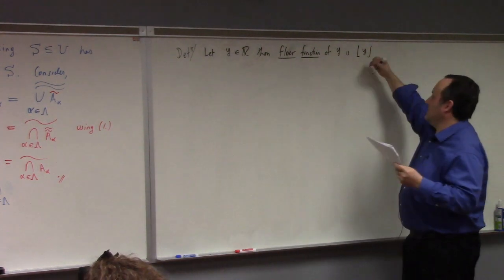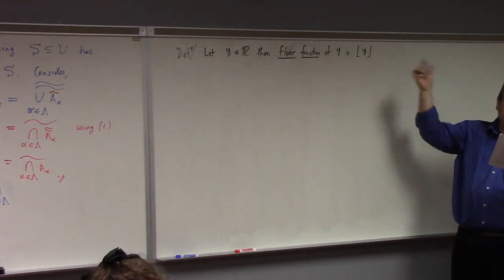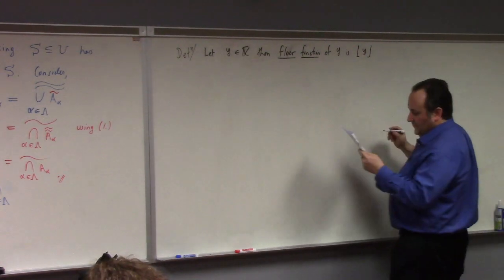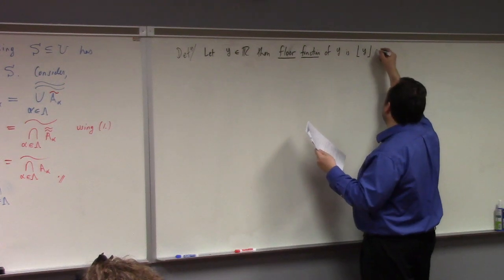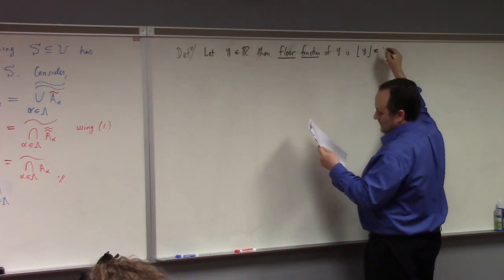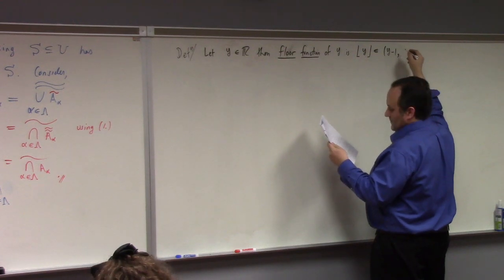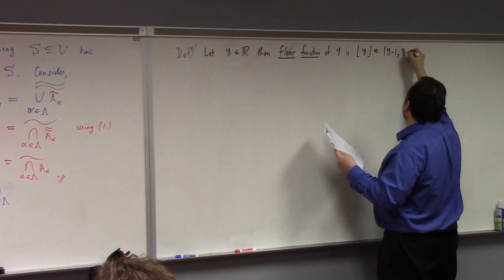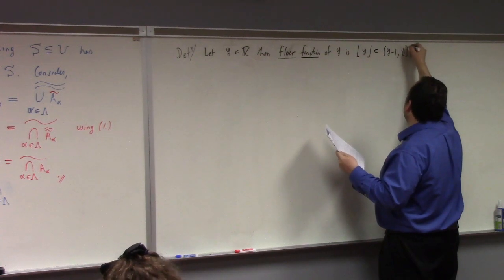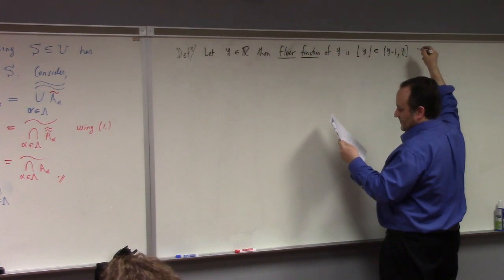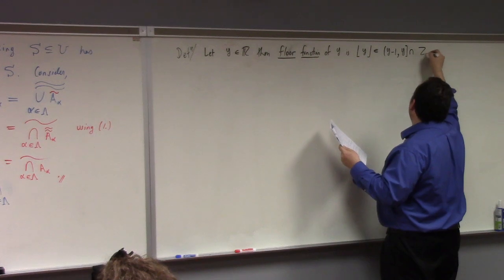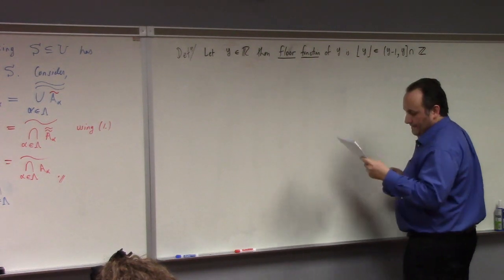It's like vertical lines with little legs down here. This is the floor of y. And we're going to define that to be the element of the interval from y minus 1, comma y. Y is included, but y minus 1 is not included, intersected with Z. All right?